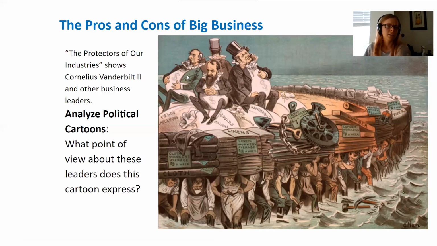You have some of the different robber barons pictured in this cartoon here. You have Cyrus Field. He was responsible for the first transatlantic cable. That's for connecting telegraph wires from North America across the Atlantic over to Europe. It went from Nova Scotia in Canada over to England.